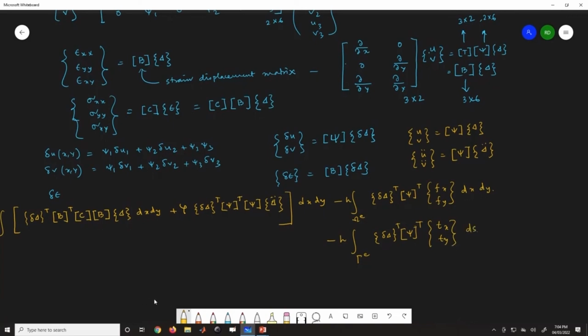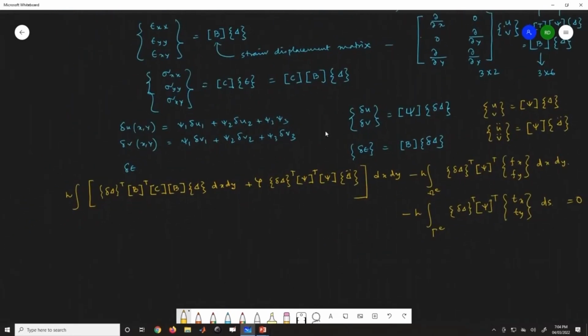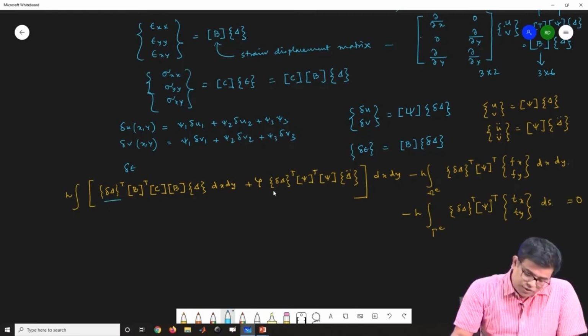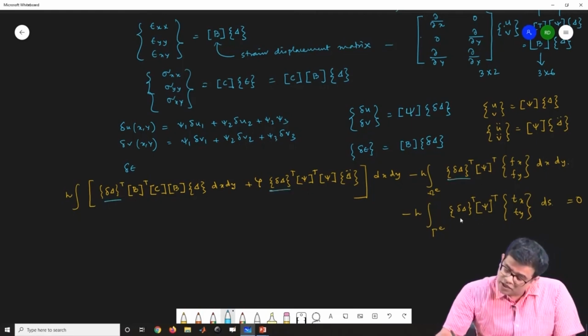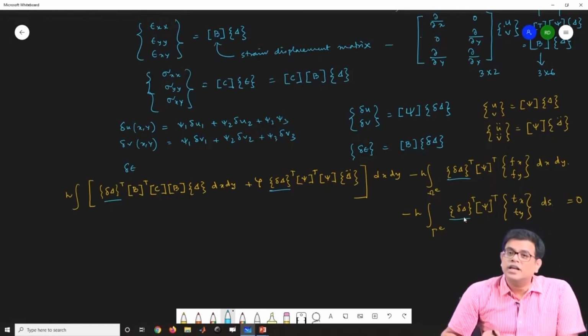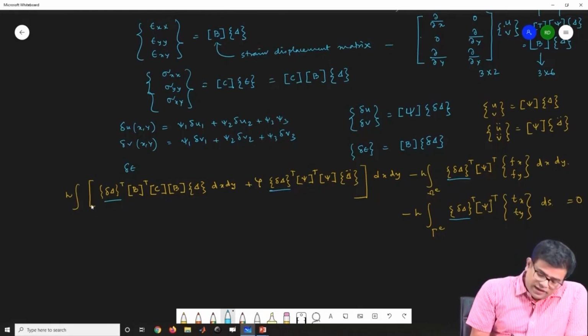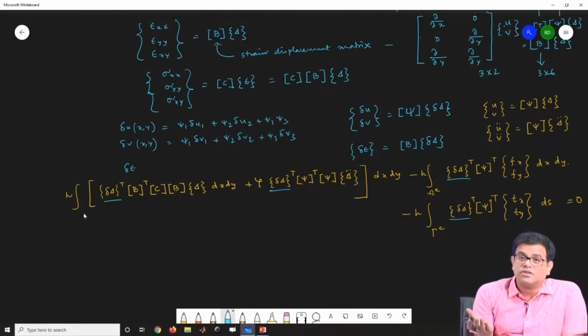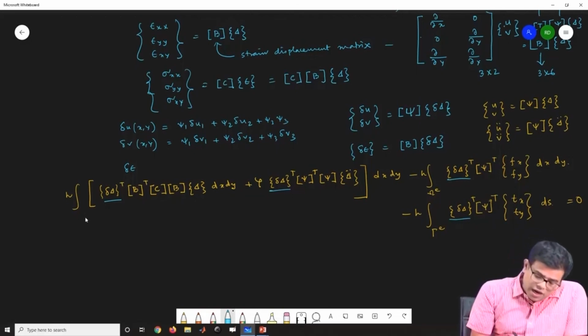Now this equation must go to 0. So if I take delta transpose common from all the equation, then the arbitrariness of delta will give me the elemental equation. So if I take this thing out and consider the arbitrariness of delta, then I will get the equation which is K, the elemental stiffness, into delta.